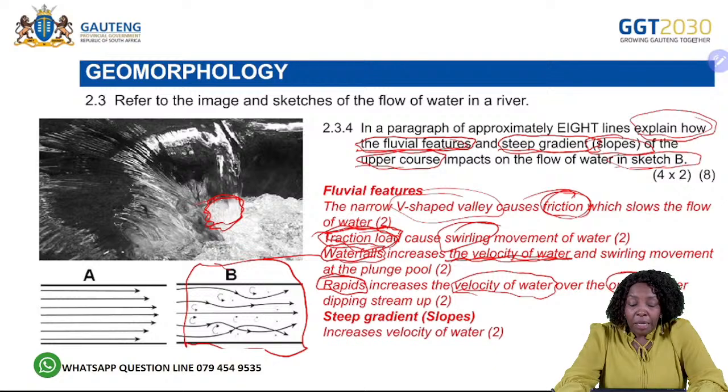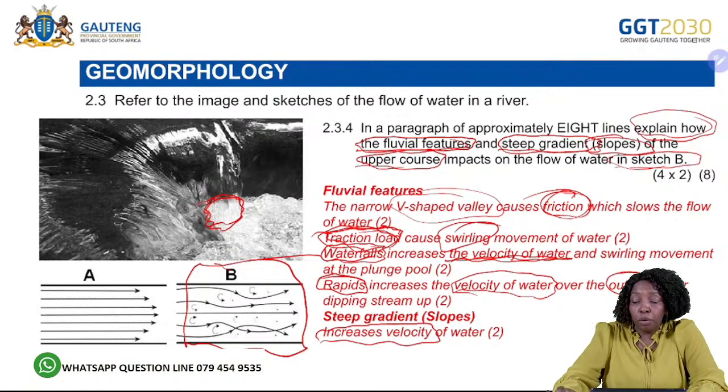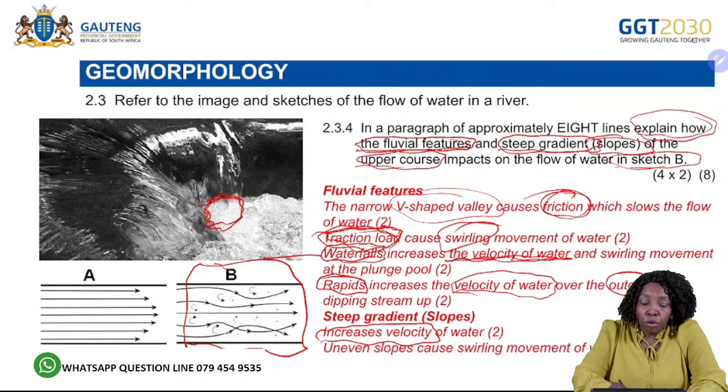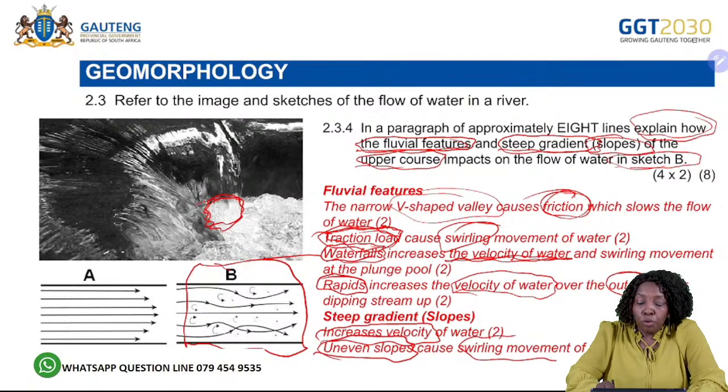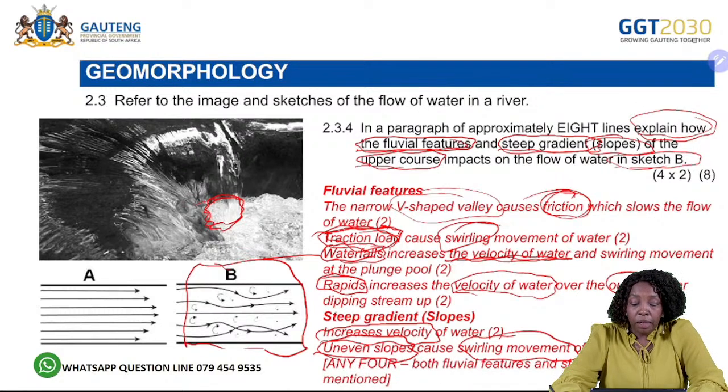With the steeper gradient, it increases the velocity of water. If the slope is steeper, obviously the water will flow faster. Uneven slopes cause swelling movement. So these uneven slopes, they cause the water to swell up as it flows in the river channel.